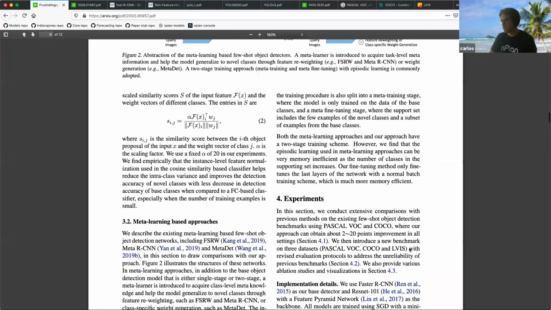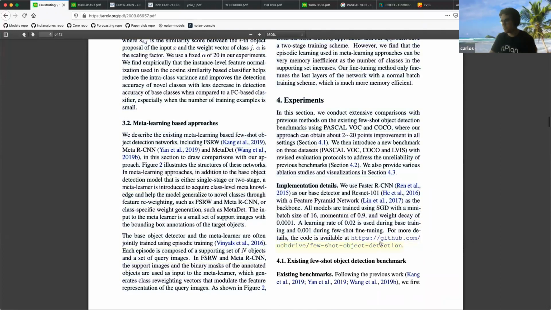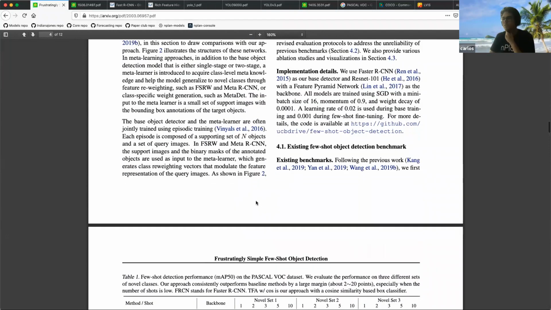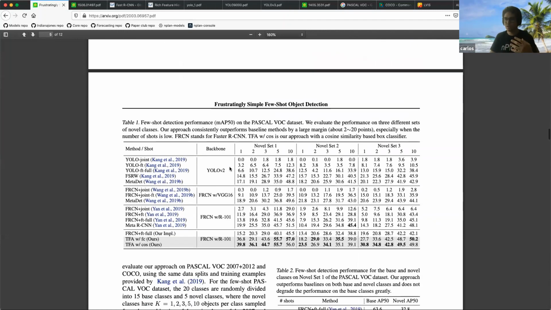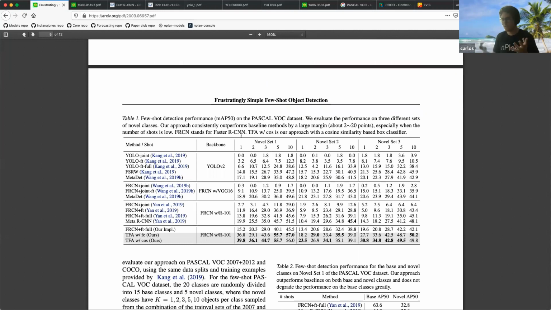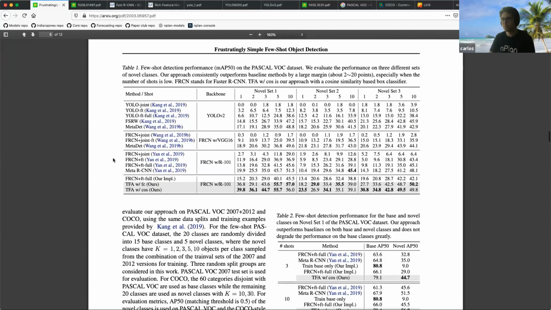As usual, it's good that they give an implementation. So if you go to the paper, you can go to GitHub and see the few shot detection algorithm. But the big question is, does it work? And to find out if it works, they make a couple of experiments. Of course, they use YOLO, which is the YOLO v2 that we spoke about before, and they use the faster RCNN with different settings.